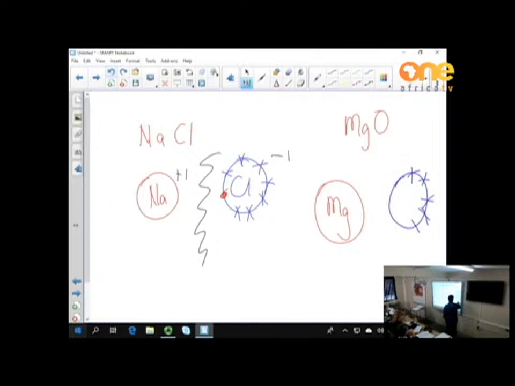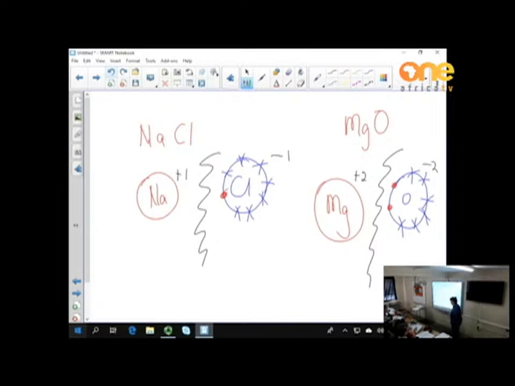Oxygen has 6 electrons. Magnesium has 2. And we are going to find that the magnesium is going to give its electrons to the oxygen, and we are going to get +2 and -2.